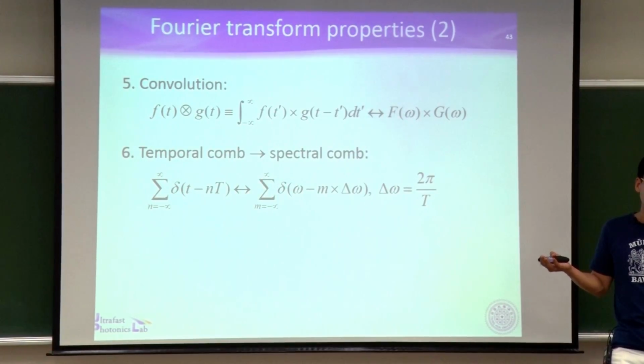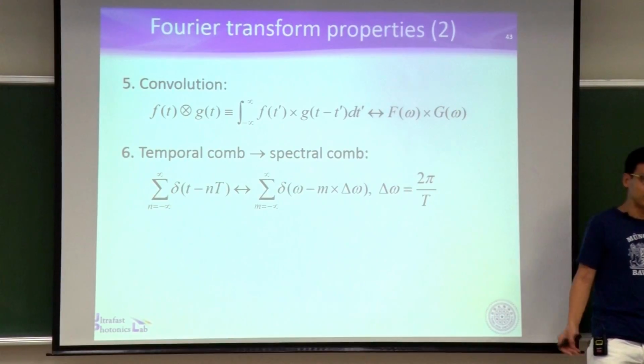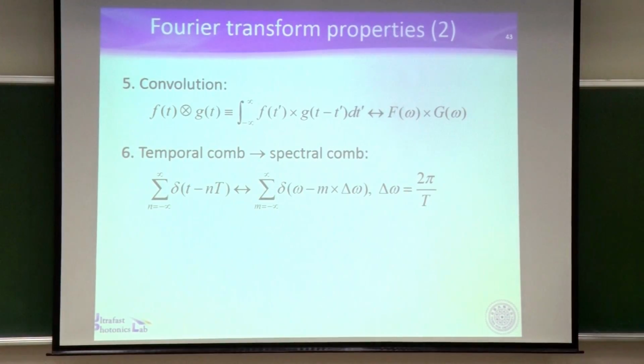That means your frequency comb is less dense, right? Peak to peak spacing is increased. So if you compress the comb in the time domain, you get expansion in the frequency domain, consistent with the scaling relation we just talked about, right?